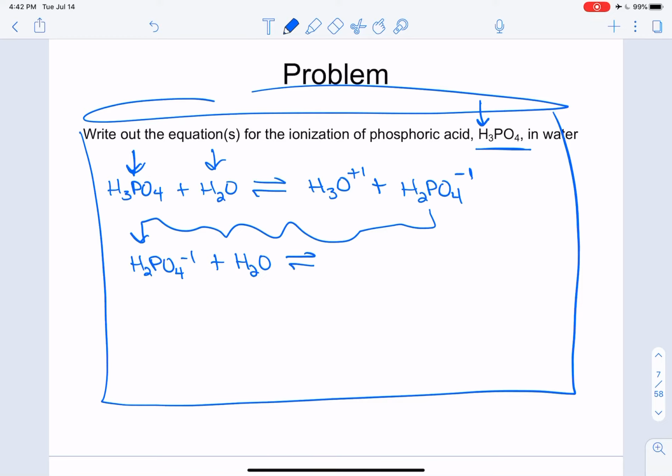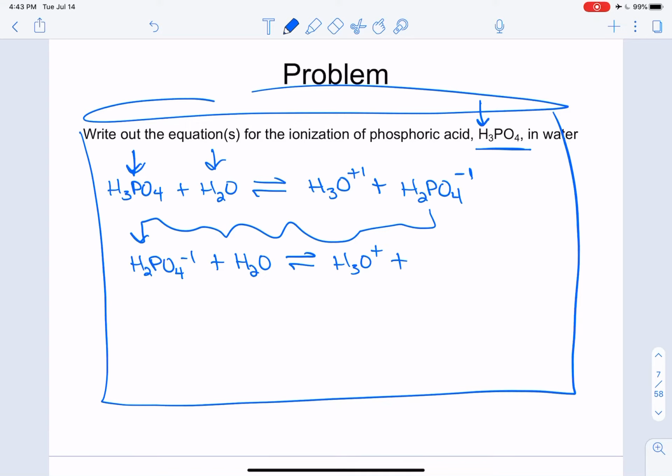And H2PO4 minus 1 meets a water, and the water's like, hey, you want to give me your H plus, and H2PO4 minus is like, not really, but okay, I will, since I'm still an acid. And water's like, yippee, okay, jump on board, H plus, and that makes it become H3O plus. So this is doing another reaction.